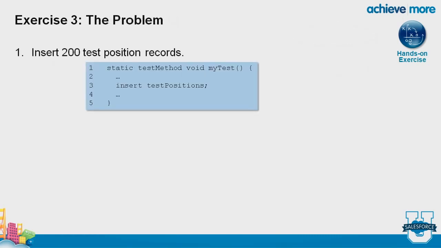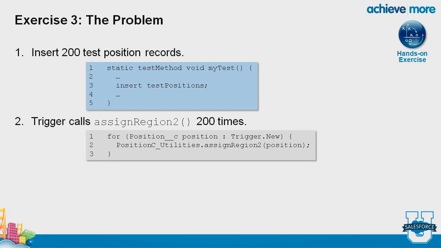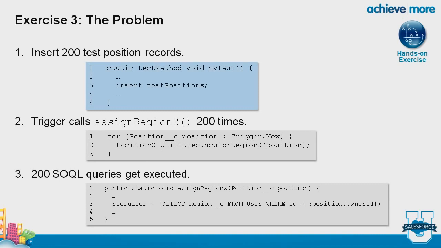Now, the problem that we have right now is that in our code, when we insert a list of positions, that calls a trigger for each record in trigger.new, it calls that method. And the method for each position does a SOQL query. You have put a SOQL query inside a loop.